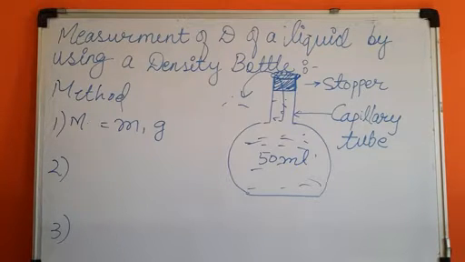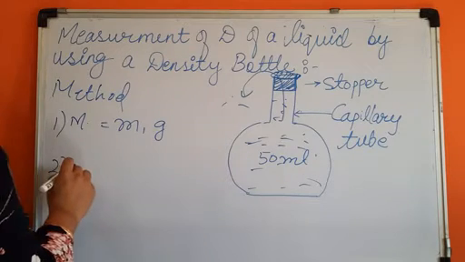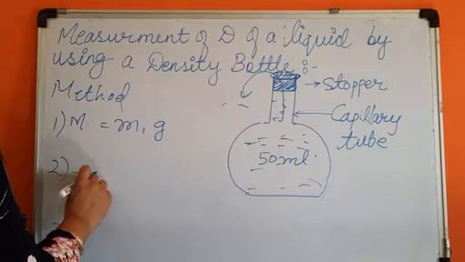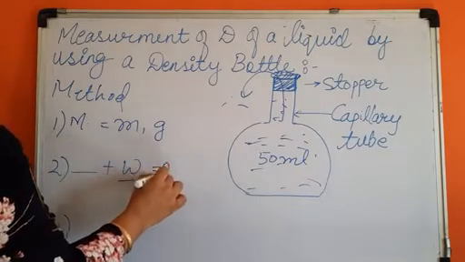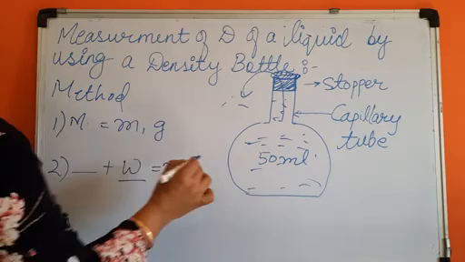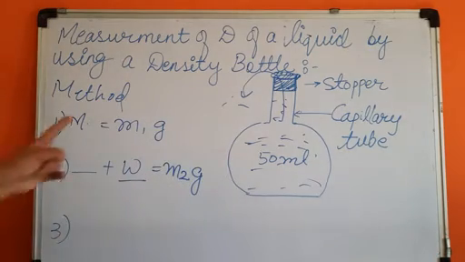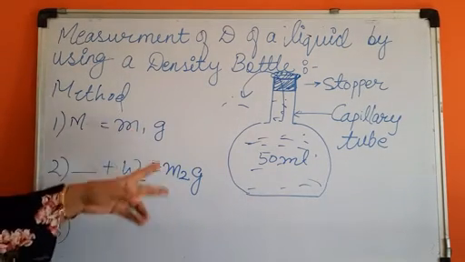Wipe the bottle dry from outside and find its mass on a physical balance. Now, in the second step, we are measuring the mass of the empty bottle plus water, that is m2 grams. By m1 and m2, we are differentiating the masses.